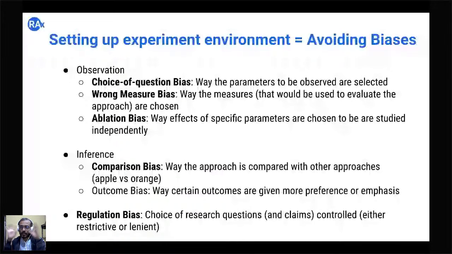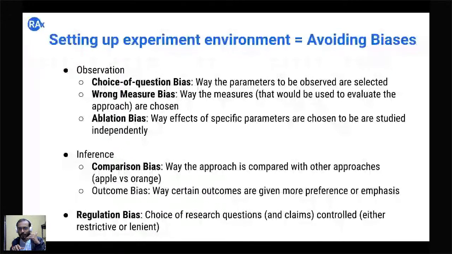And you may think that, well, my research method was all wrong, but actually that's not so. Your evaluation experiment was biased, right? So the choice of question bias is that you are looking at it in the wrong way. Let's put it this way: you're looking at the findings by wearing the wrong lens. You need to wear the right lens to understand what really is happening, right?